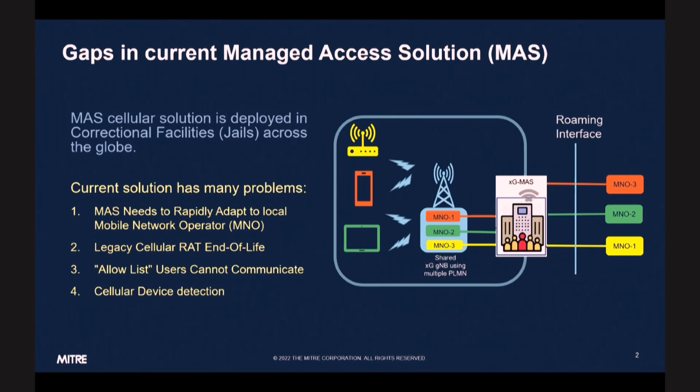So what they're trying to do is install the RAN inside the campus, and they treat that RAN as a roaming network with its own PLMN, and once the phone is connected to the campus RAN, then it decides to connect to the host operator based on whether the access rights are available or not.